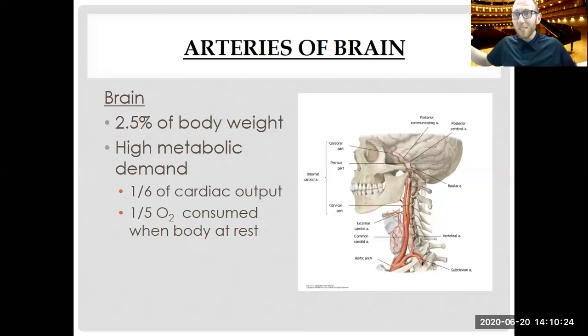Transitioning out of the brain and back to the neck, because now we're talking about the vasculature of the brain. And let's talk first about how blood gets up to the brain itself. Earlier in some PowerPoint videos, we talked about the carotid artery.